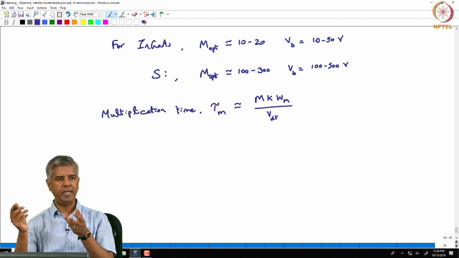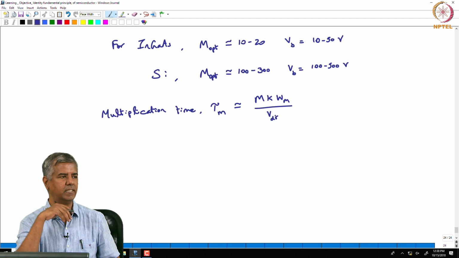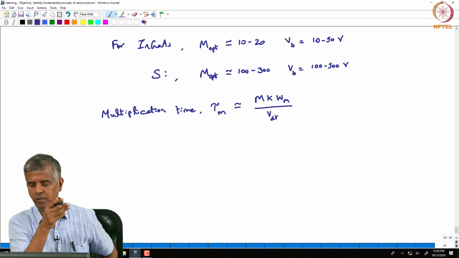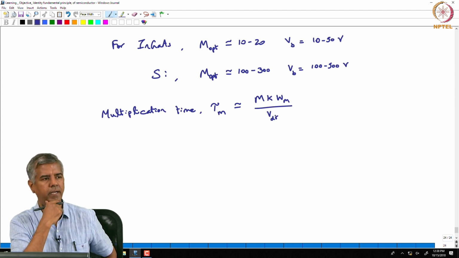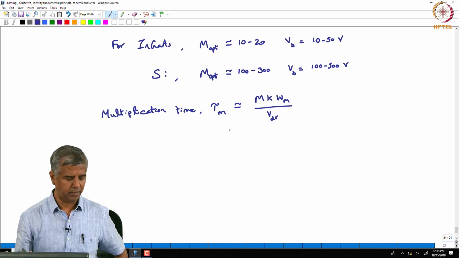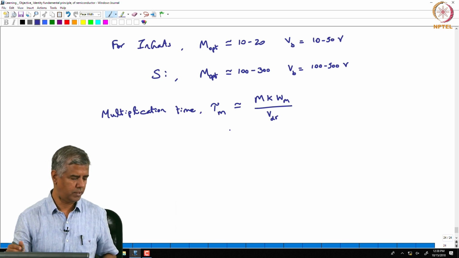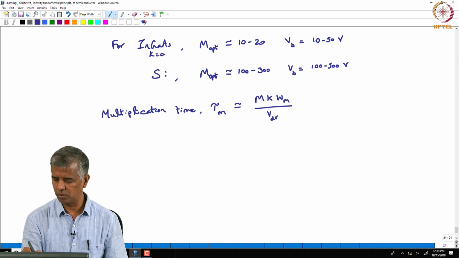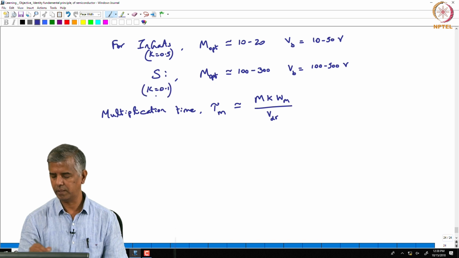Now, Wm over VDR is just the transit time across the multiplication region, but we are multiplying by M because there are M events, and that is also weighted by the impact ionization ratio k. So, if you calculate this for these values, indium gallium arsenide has k equal to 0.5 and silicon k equal to 0.1.